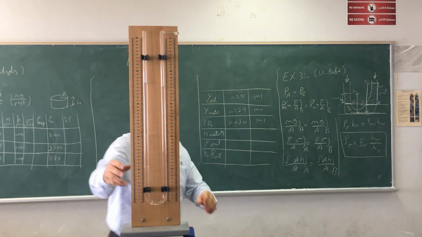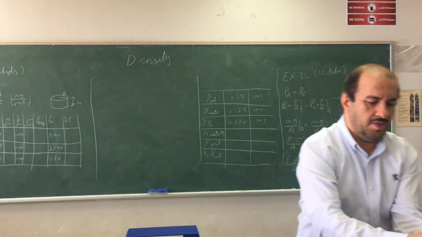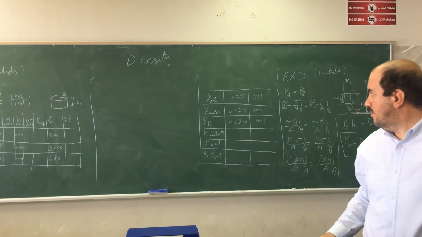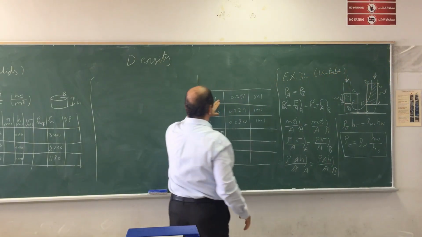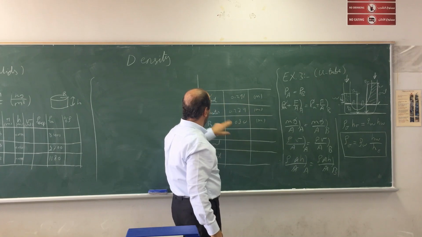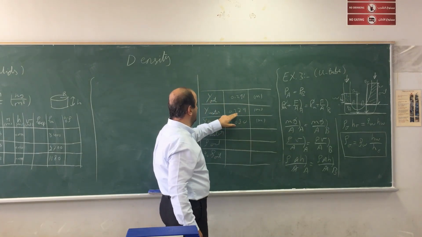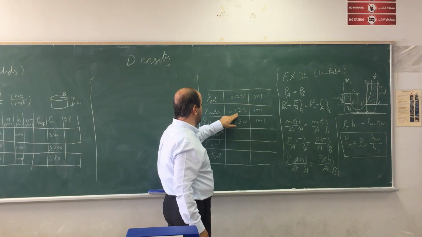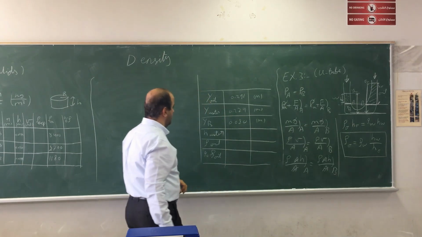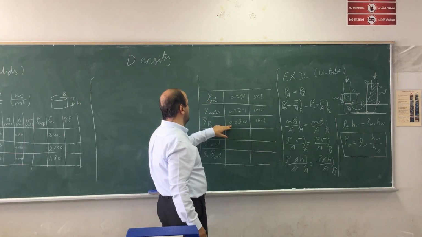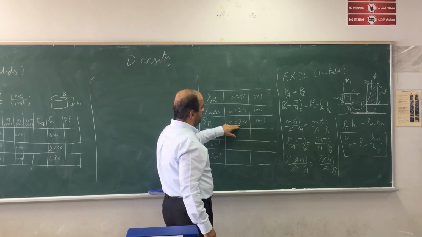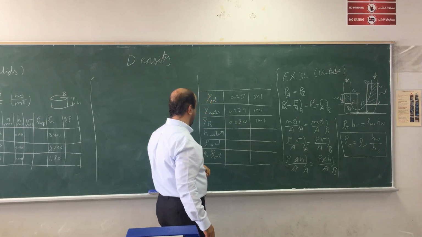This is the Y of the oil, 29.1 centimeter, and the height of the water, 27.4 centimeter, and the height of the reference point, 8 centimeter from some reference value.